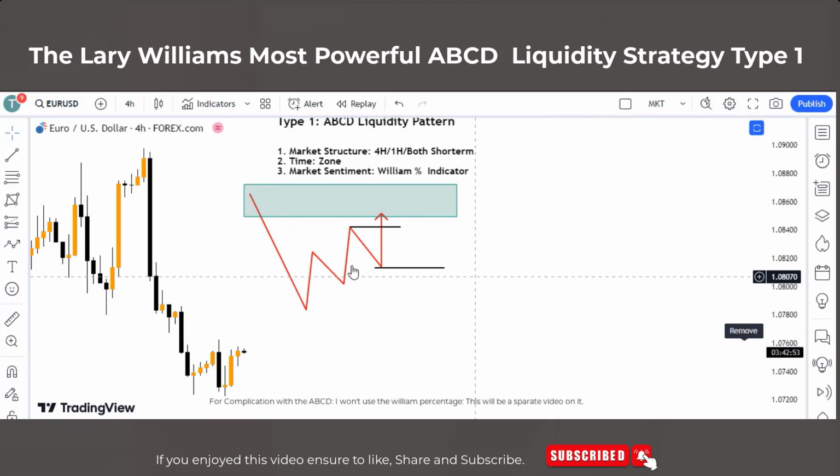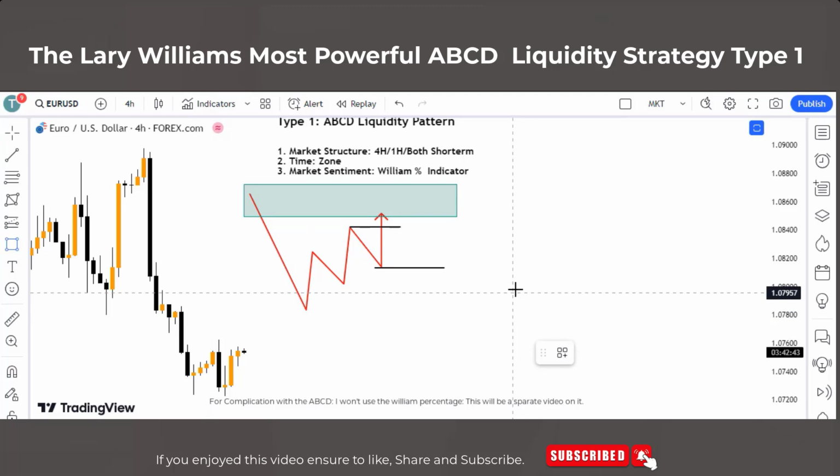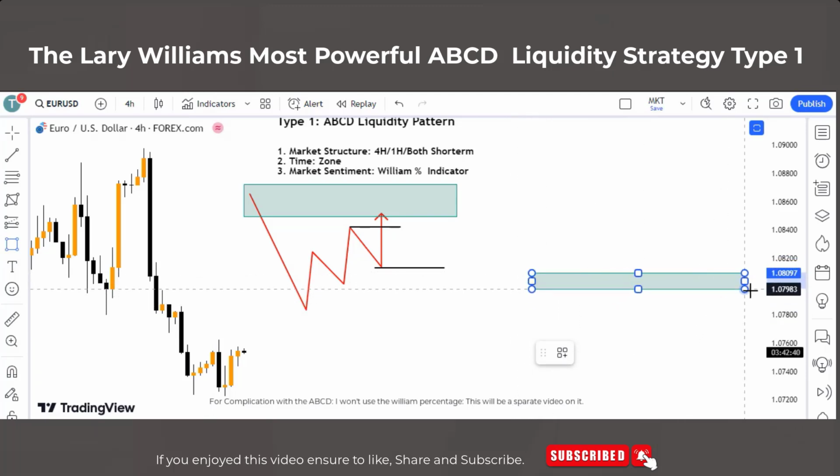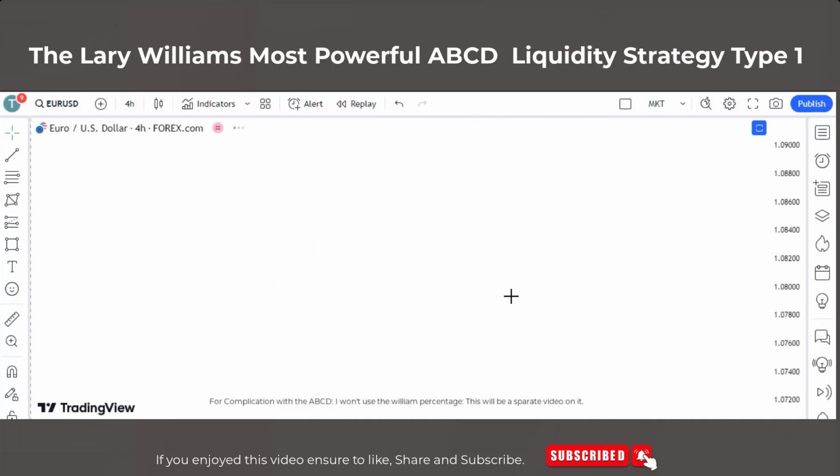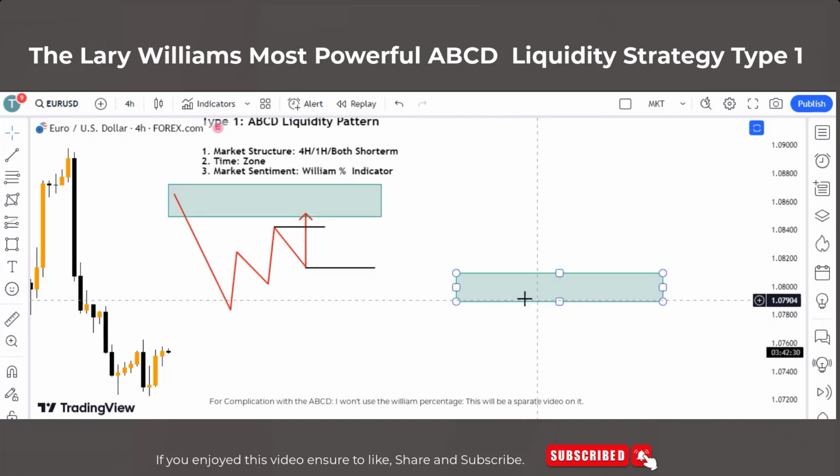Now let's talk about the 4-hour long strategy, for example. Now all we have to do is to draw an order block. This order block can be a 4-hour short-term low.